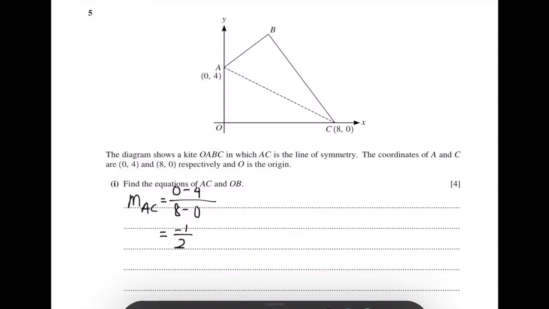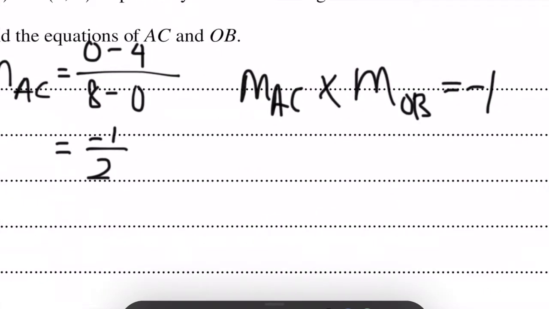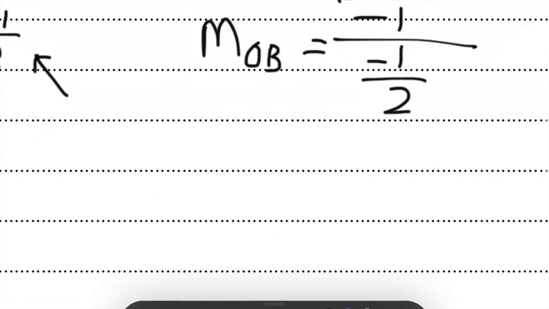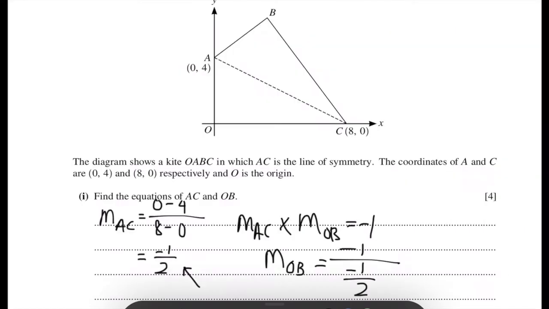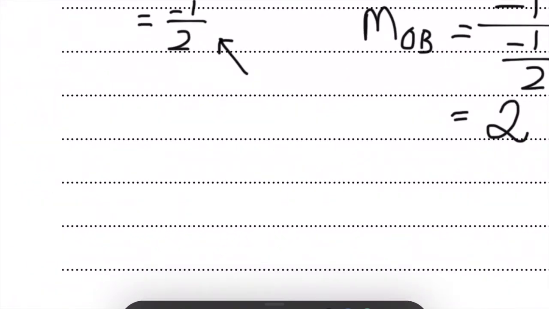Since OB is perpendicular to AC, we know that the gradient of AC multiplied by the gradient of OB is equal to negative 1. So the gradient of OB is equal to negative 1 divided by negative half. We will get 2. Since the line OB passes through the origin, we will use the coordinates of the origin to find the equation of OB.